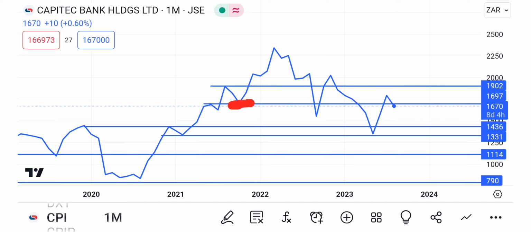The investors waited there until the market came to that point. Then they bought again. They invested their money again at the price of 1,670. Then from there, 1,697, sorry. And from there, the market pushed straight up.